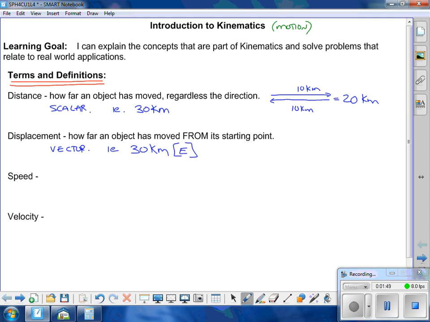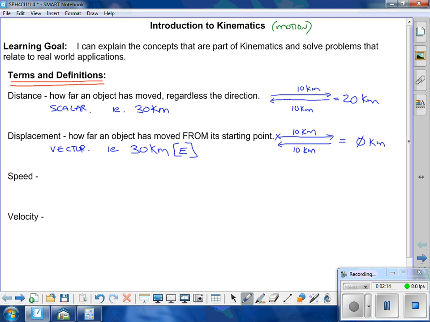I moved 30 kilometers east. If I look at that example I just did, if you drove 10 kilometers to school, and then that night you came back and drove 10 kilometers home, what is your displacement? Your displacement is 0 because you are back at your starting point.